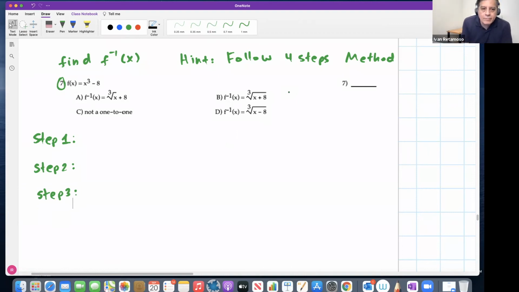What should be the inverse function of f of x equal x cubed minus 8? Maybe I should write it here in case you don't see it well there.